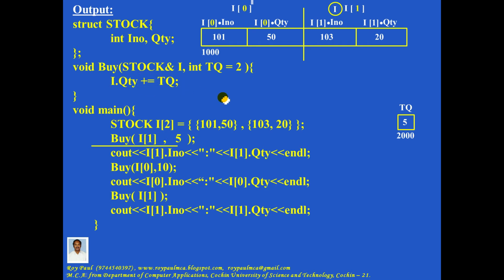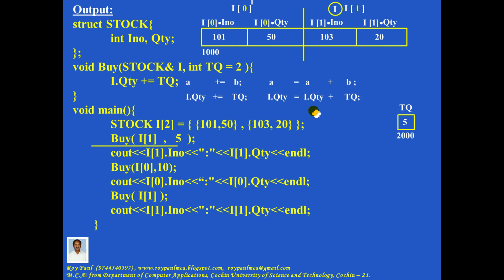It can be expanded as: a plus equal to b means a is equal to a plus b. So I dot quantity plus equal to tq means I dot quantity equals I dot quantity plus tq. This short form should be evaluated using this expanded form.